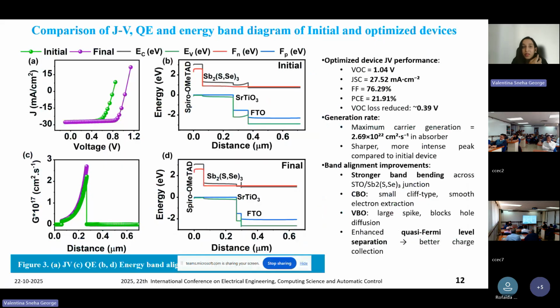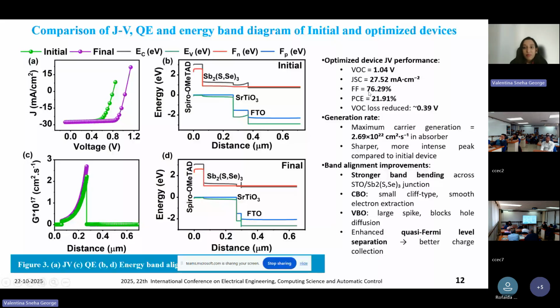Moving on to the comparison of the final device. So after optimization, we can see that there is a drastic increase in the JV characteristics, whereas PCE has risen to 21 percent, whereas initially it was 14 percent.